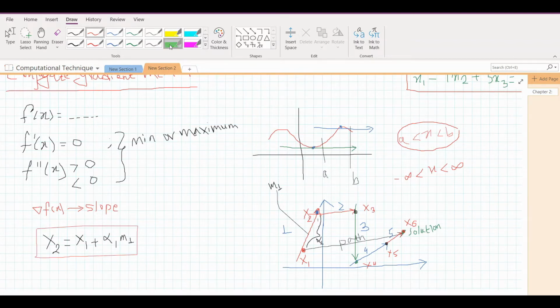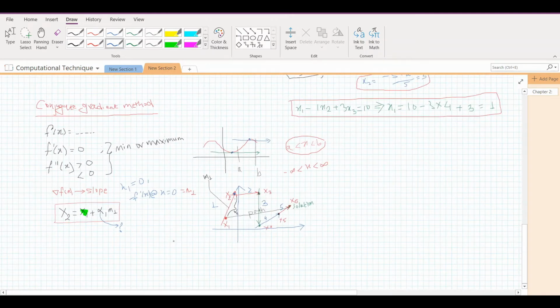We know x1, which we can assume to be a certain value like 0, and we will know m1, which will be the derivative of our function at x equals 0, generally negative. But we don't know alpha 1, so we have to find alpha 1.